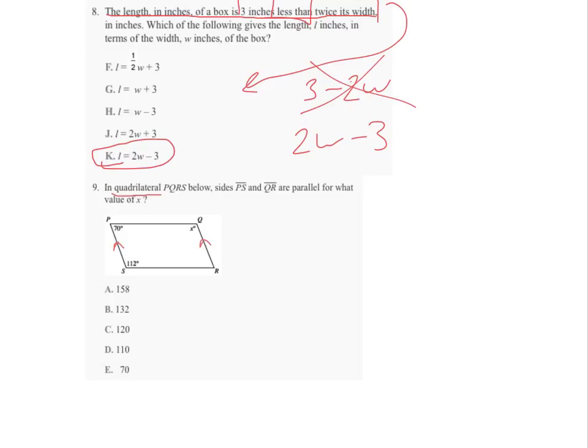You currently are looking at this picture and you're thinking, oh, like this angle and this angle should be the same. So I thought maybe X should be the same as that angle, 112. But you look at that, and that's not even one of our answer choices. It's a good thing it's not, or else I would have chosen it. And then you're thinking, oh, if that's 70 as well. It's just not the way it works. In fact, the picture is just really not to scale like it's supposed to.